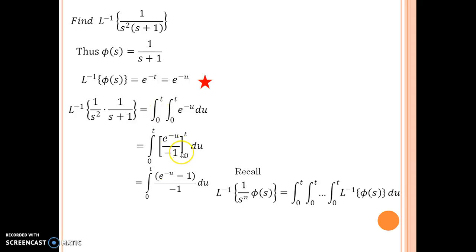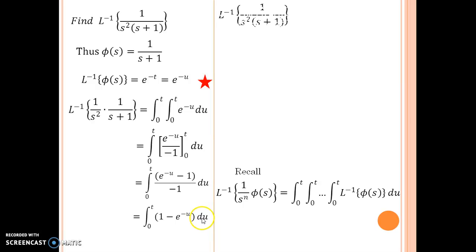So that is just because it's the dummy variable, you just every time replace your t by u. So what you have is integral 0 to t of e to the power minus u minus 1 divided by minus 1 du. Okay, simplify this further, you obtain integral 0 to t of 1 minus e to the power minus u du.